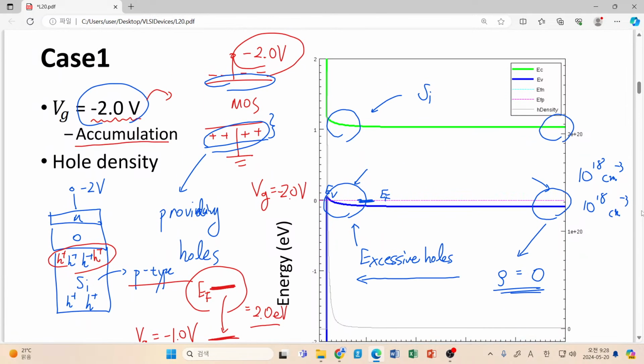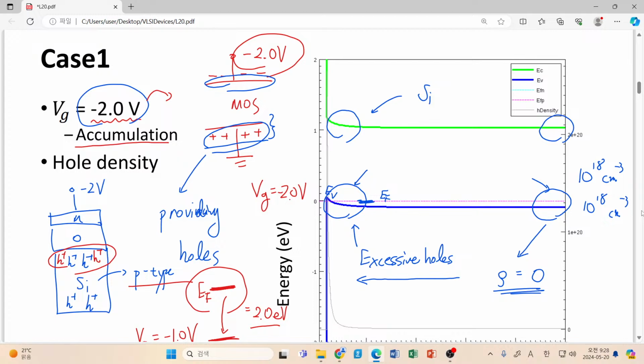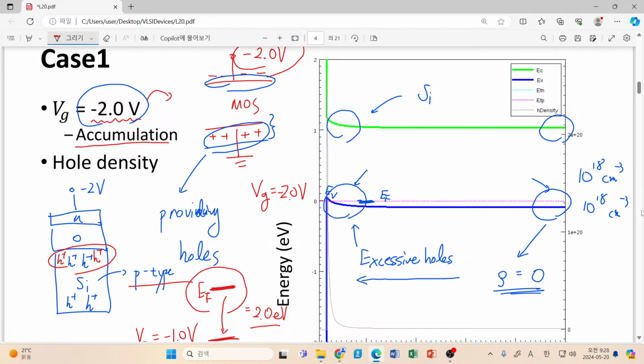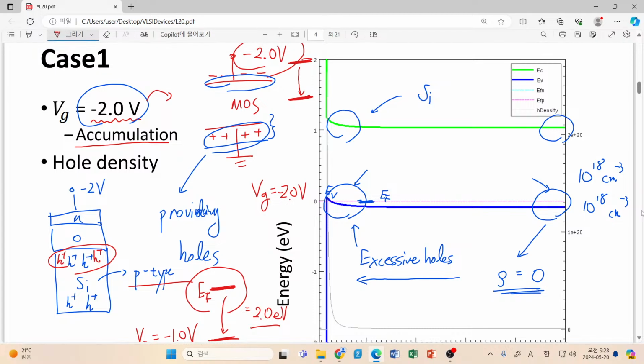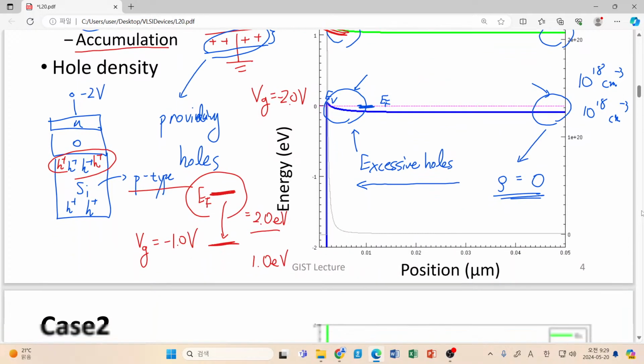So simply speaking, previously it was placed upward. However, now it will move downward, so the gate potential or gate band moves downward, and this kind of upward band bending will be reduced considerably. So let's go this way.